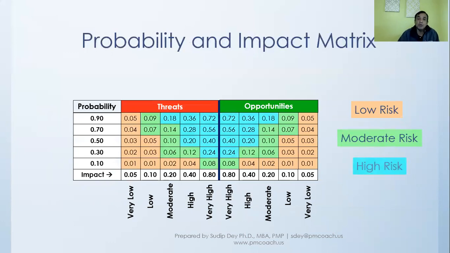And if it is more than 0.4, it is high risk. So this is how I've defined this probability and impact matrix, so that when we go down into risk analysis and want to prioritize those risks, we can use this table, and this table can be used across the board for our project.